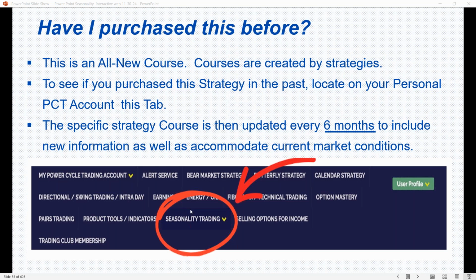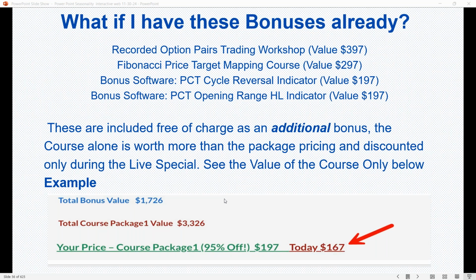So again, just look at this. If you are a member, just go to your user profile and you can see all the things that you've already bought, so you can double check that. And then a lot of times people have these bonuses from other courses, but these are just additional bonuses I give you because these are what I want you to use to help your trades.